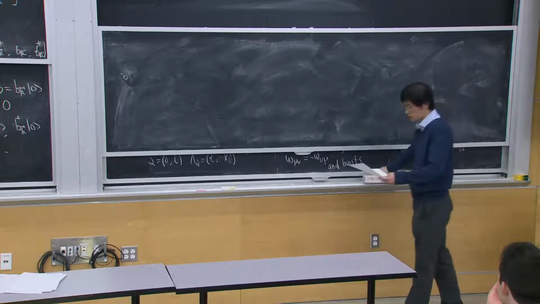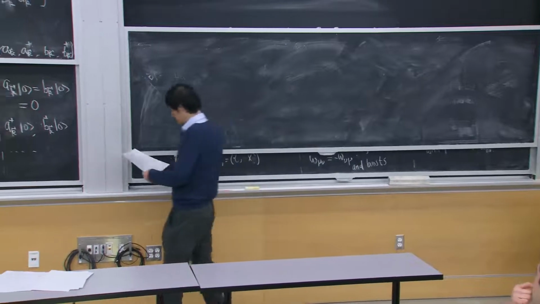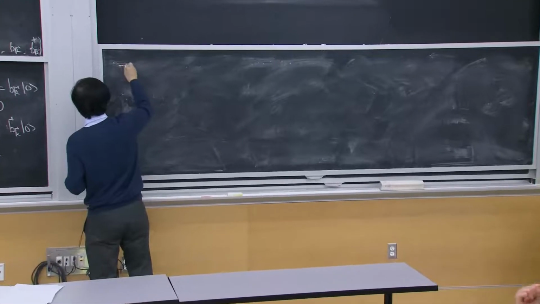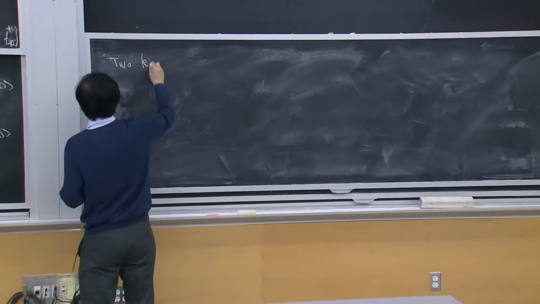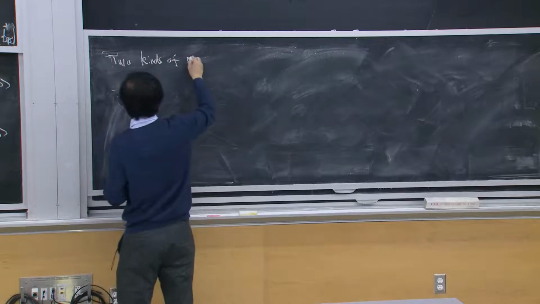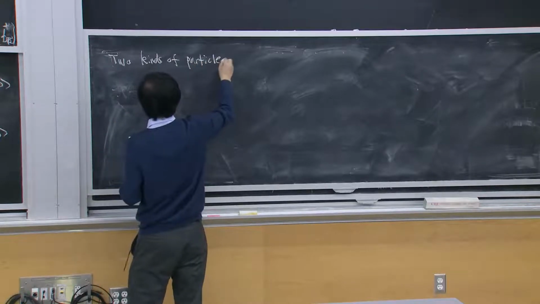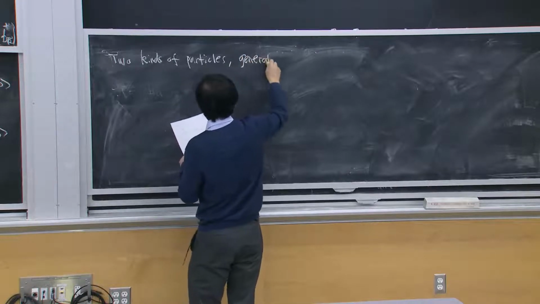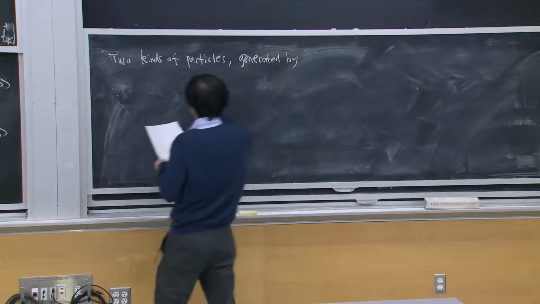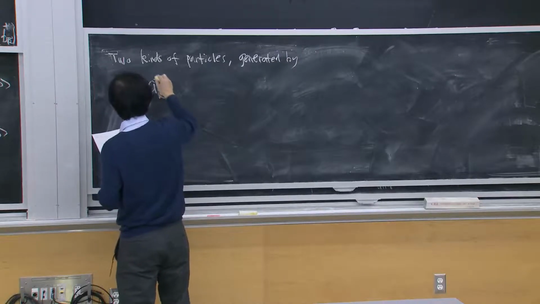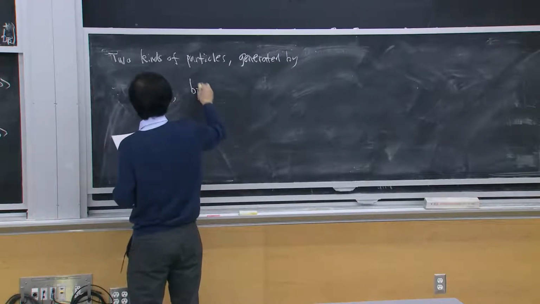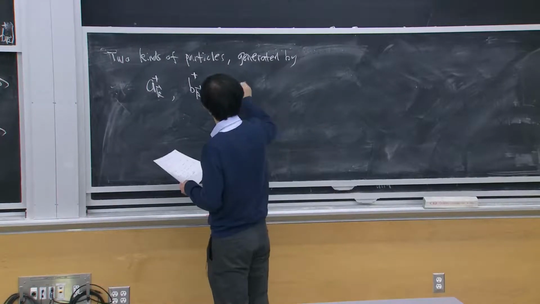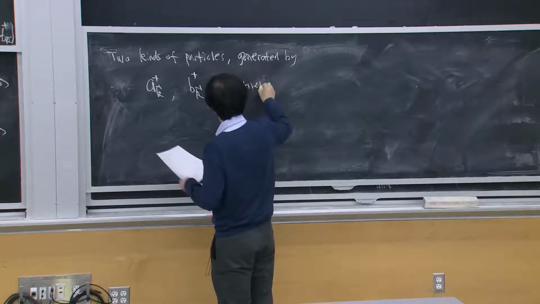So now we have two kinds of particles, generated by A_k dagger and B_k dagger, respectively.